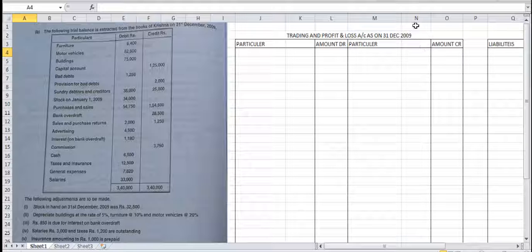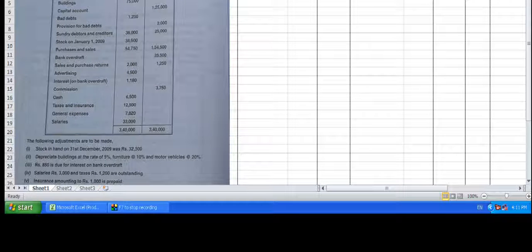For example, on furniture we have depreciation at 10%, building 5%, motor vehicle 2%. So furniture, motor vehicle, building we have adjustment entries. And bank overdraft, the interest on bank overdraft also we have. Then salaries and taxes, we have adjustment. Insurance we also have an adjustment on this, okay. We have double adjustment on this. So tick like this after starting the entries.